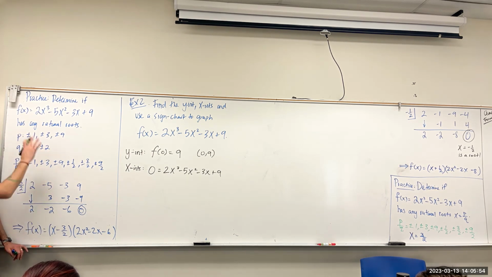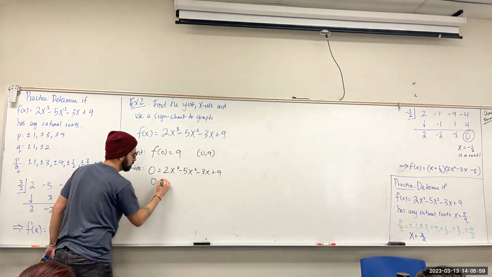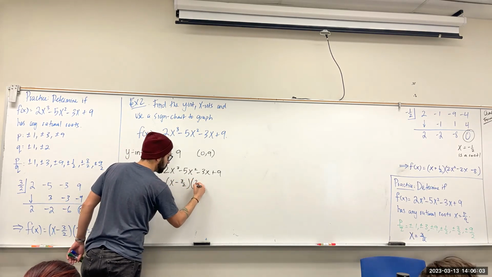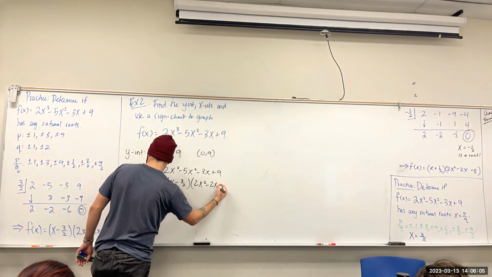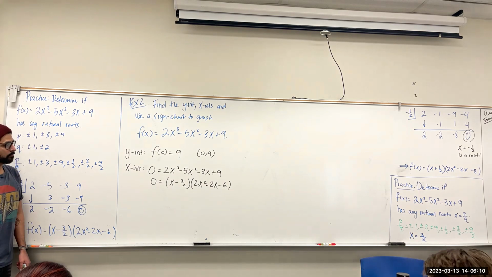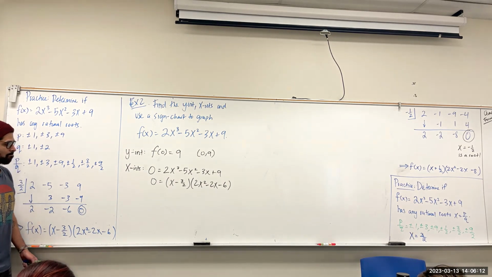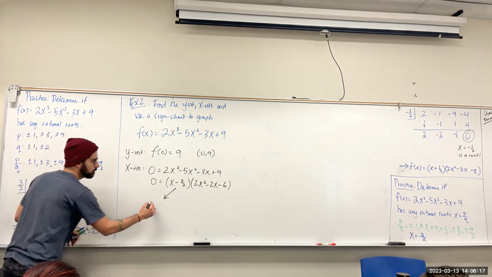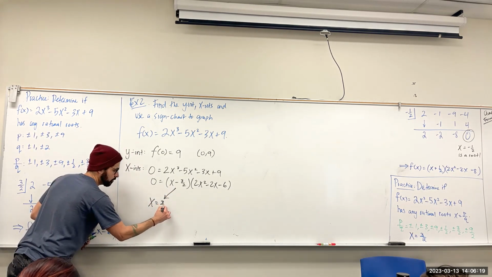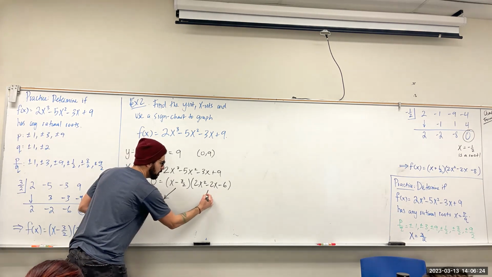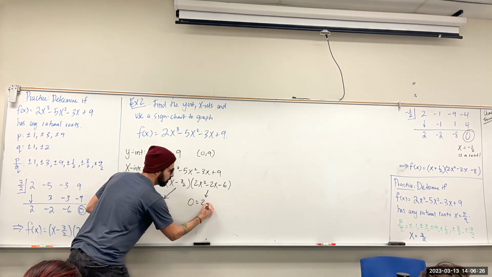Through this work, now we know that this polynomial factors into x minus 3/2, and then 2x squared minus 2x minus 6. What's the root for this bad boy? 3/2, the one you found. And for this one, like we did earlier, you set that equal to 0.